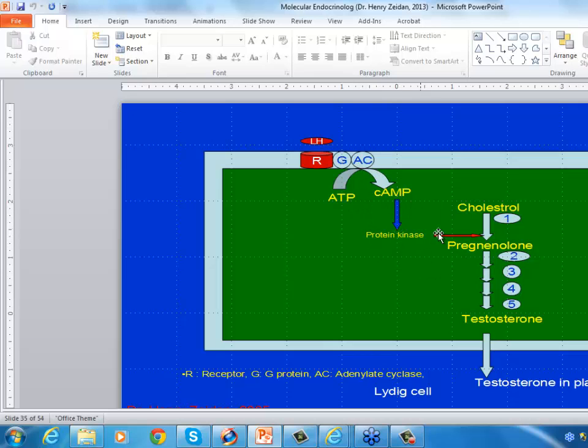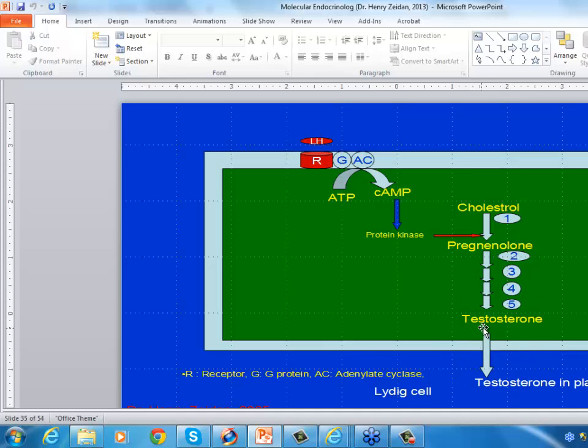So you're producing protein kinase enzyme that activates the side chain cleavage enzyme, which cleaves pregnenolone from cholesterol, and then you end up with testosterone.